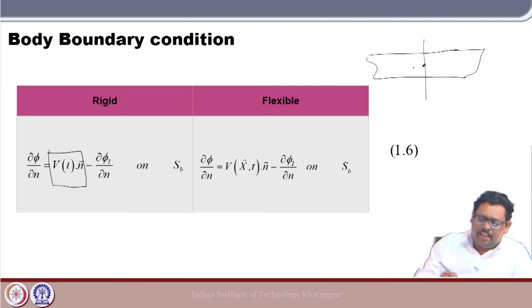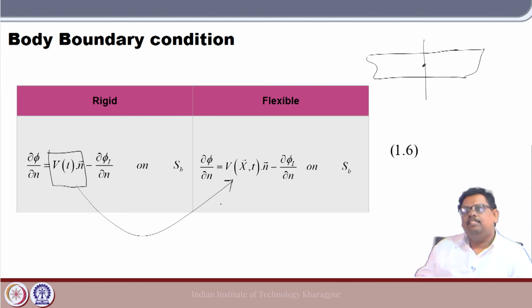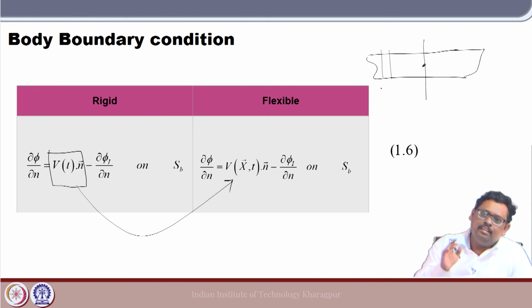In the case of a flexible body, I have to apply this boundary condition at each x. So, this is the first change from the rigid body problem.